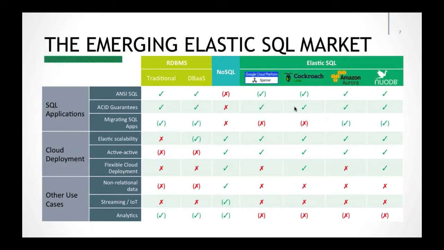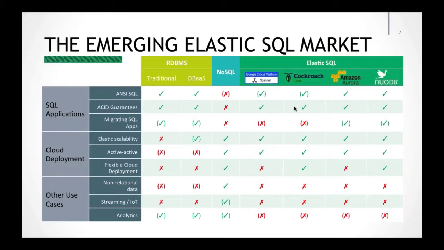In cloud deployment, it's scalability, active-active, so the ability to run workloads actively across multiple data centers, and flexible cloud deployments, the ability to deploy in different cloud environments, on-premises and cloud, a sort of hybrid approach. And then other use cases, which are non-relational data, streaming, and heavy analytics or even machine learning.